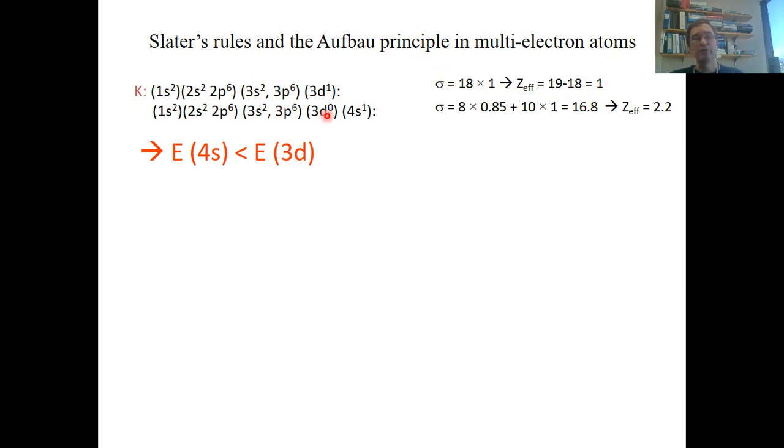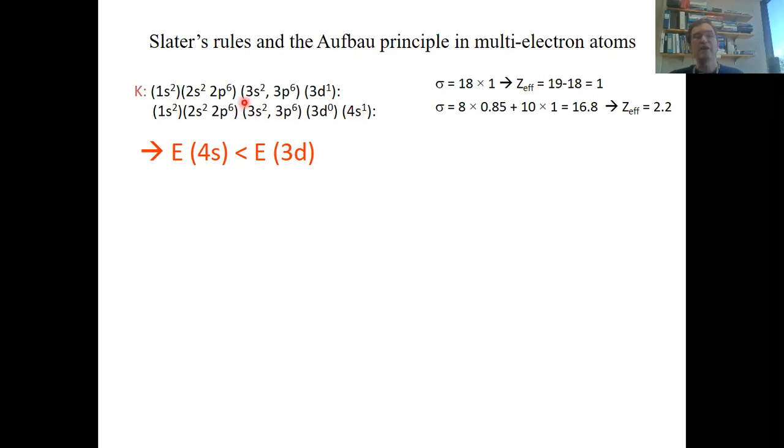So now what about the other electron configuration? Now we look at a 4s electron, and we must apply the Slater rules for s electrons. We have no other electron in the same shell, in the same group, so we do not have an electron that contributes with a factor of 0.35.